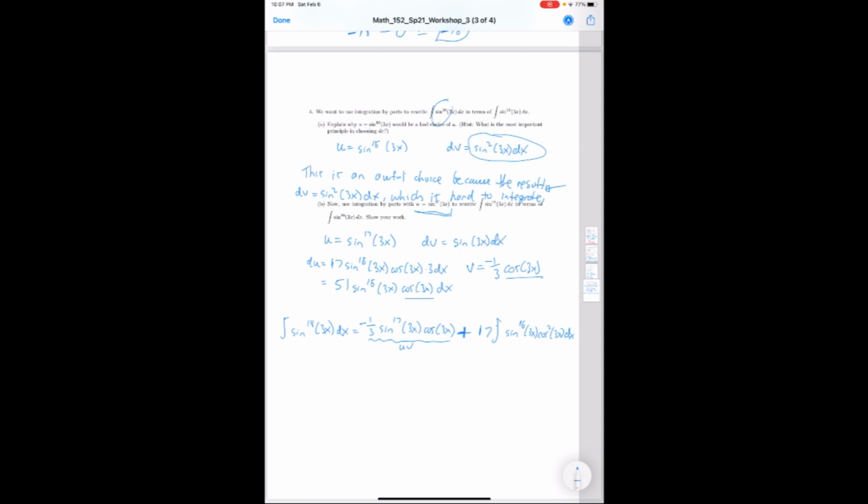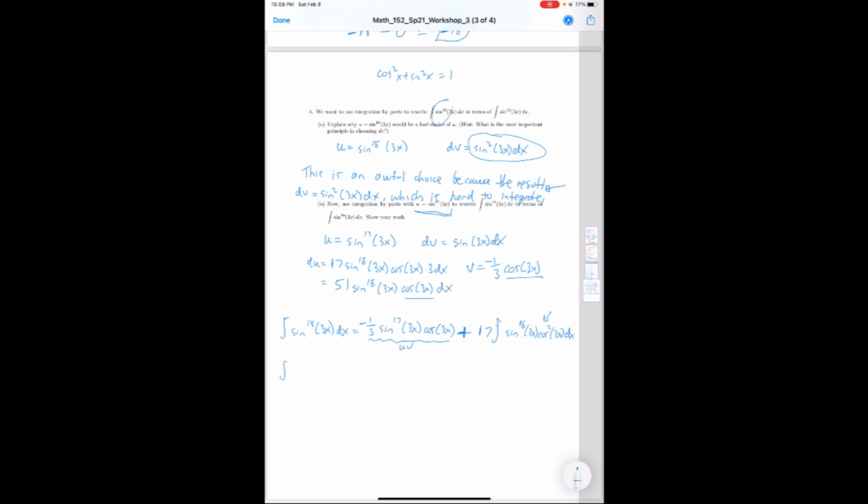Okay. Now, what we need to do is focus on this cosine squared. Whenever you see cosine squared in this class, there's a specific thing you should be thinking of. And that thing is cosine squared x plus sine squared x equals 1. You should be thinking about how to convert cosines and sines into each other.